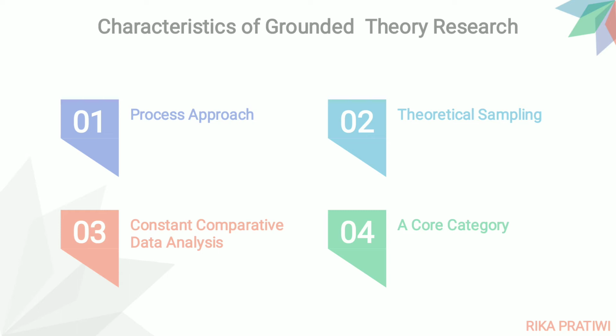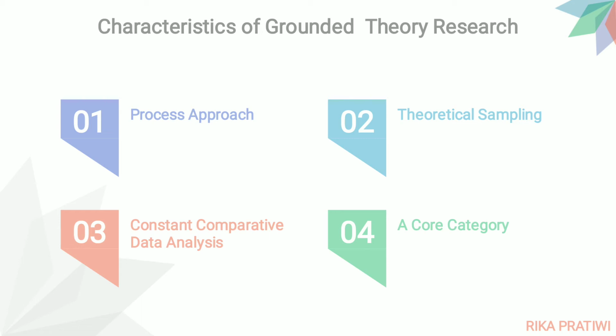Beyond sampling data for its theoretical value, grounded theorists also use an emerging design. An emerging design here means the process in which the researcher collects data and analyzes it immediately, rather than waiting until all the data is collected, and then bases the decision about what data to collect next on this analysis.